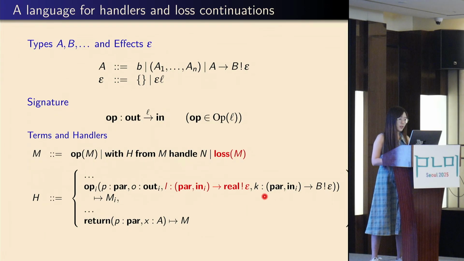But different from the continuation that returns something of type B, this choice continuation returns a loss value, which is basically the cost or the loss value associated with each choice of the operation output. Now this handler can make use of this loss continuation, and this allows programmers to write handlers that handle operations according to this loss information and maybe resume the original computation with a particular selection of the operation result.